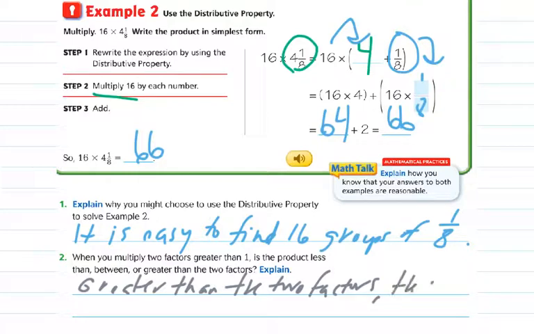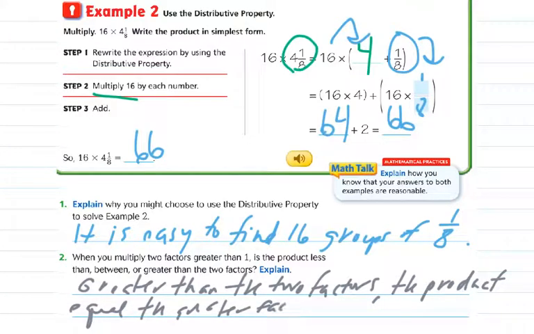This is because the product equals the greater factor times the number greater than 1.